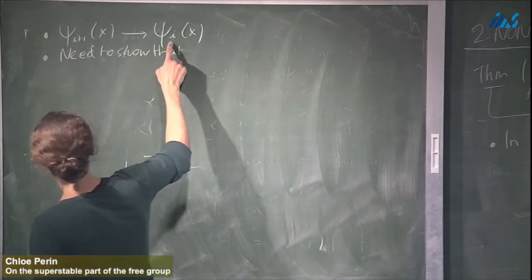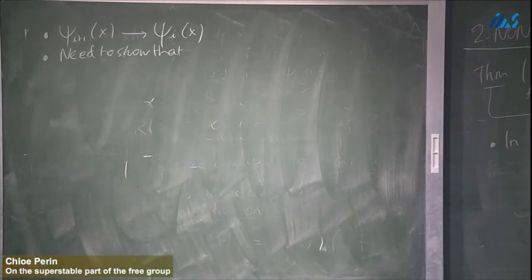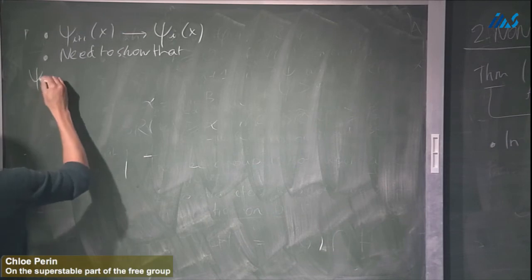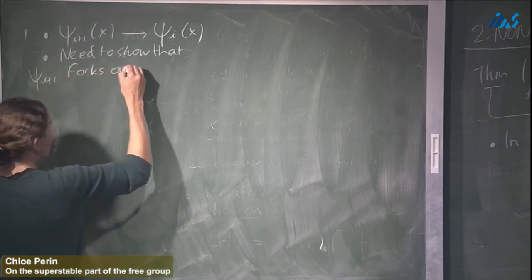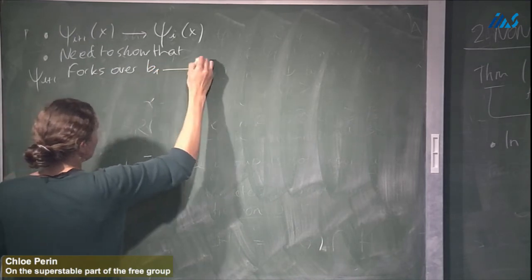So what are the parameters in psi I? Okay, maybe I should have written them here. So really psi I is psi I of x, and I use all the bj's up to I of b1. So what we will show is that psi I plus 1 forks over b1 up to bi.